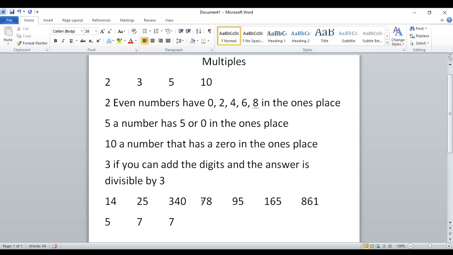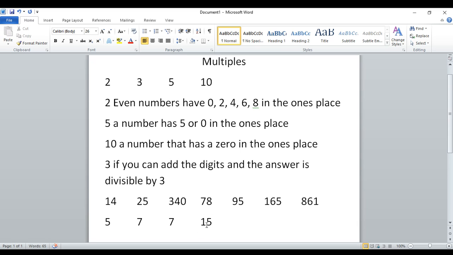What about 78? Let's add up the two digits. 7 plus 8 is 15. Will 3 go into 15 an equal number of times without having a remainder? It will. It'll go in 5 times. There won't be any remainder.